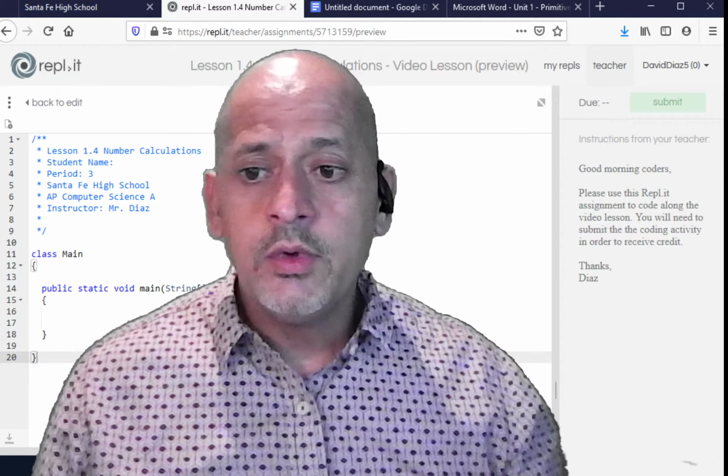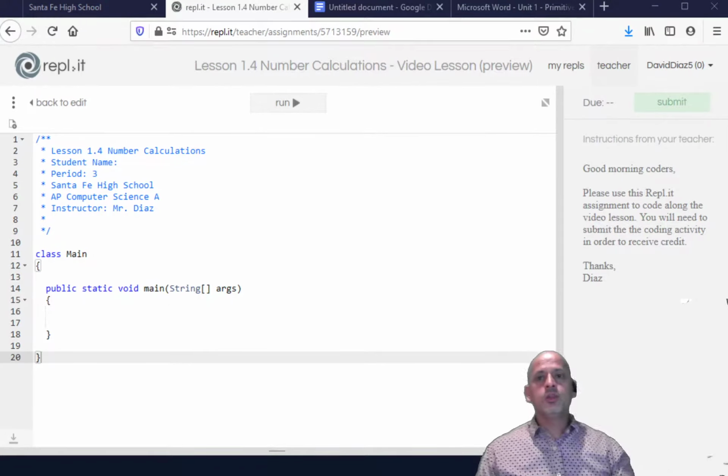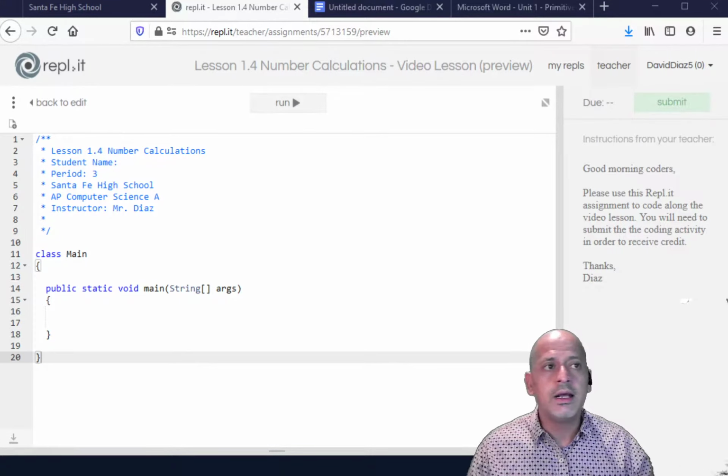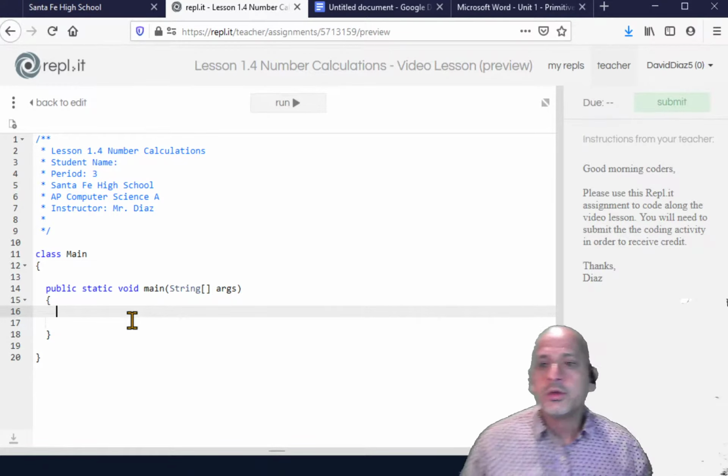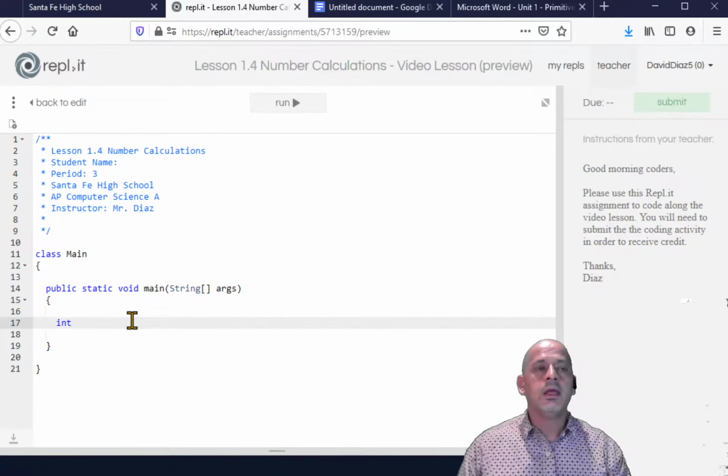Now, in this lesson we are going to be talking about assignments and number calculations. So we are going to be declaring an integer, and we need to have a variable name.